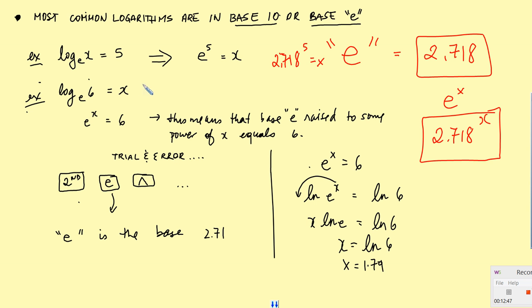All right, so I can also do e raised to the power of x equals 6. So e raised to the power of x equals 6, and what I could do is use trial and error here and do e raised to the power of different values until I hit the number that will give me 6.